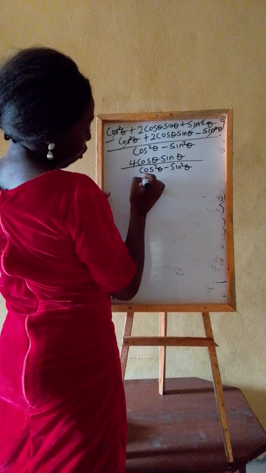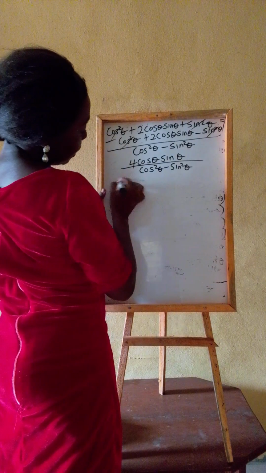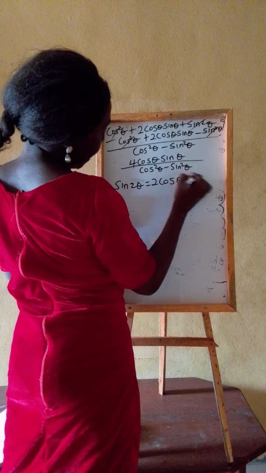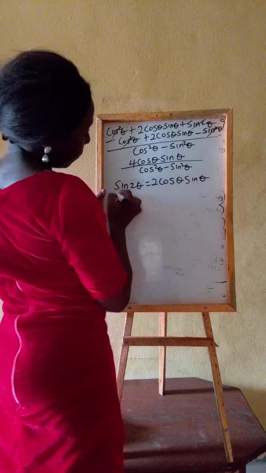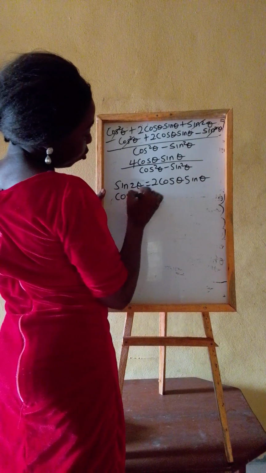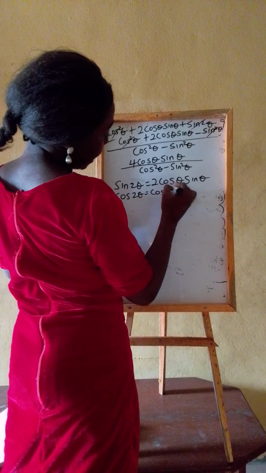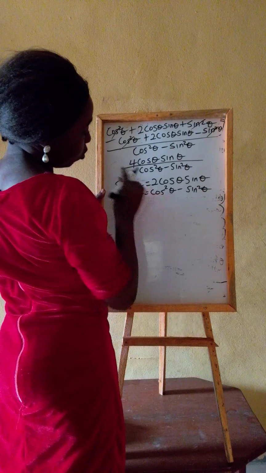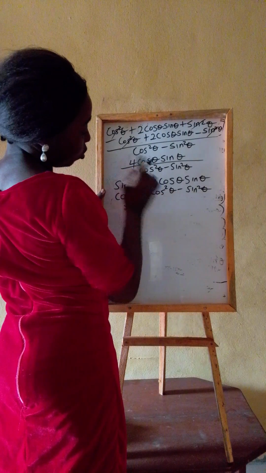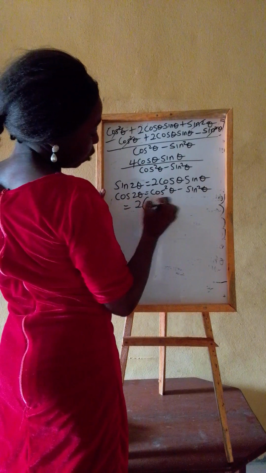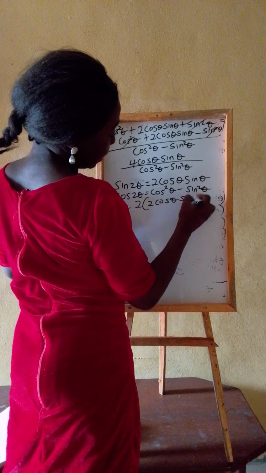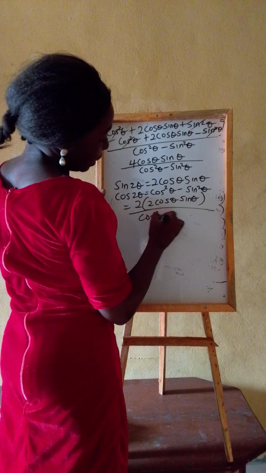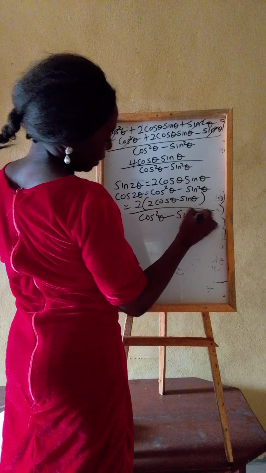Remember, sin 2 theta is 2 cos theta sin theta. Then cos 2 theta is cos square theta minus sin square theta. So this equals, this is 4, so it's going to give us 2 into bracket 2 cos theta sin theta over cos square theta minus sin square theta.